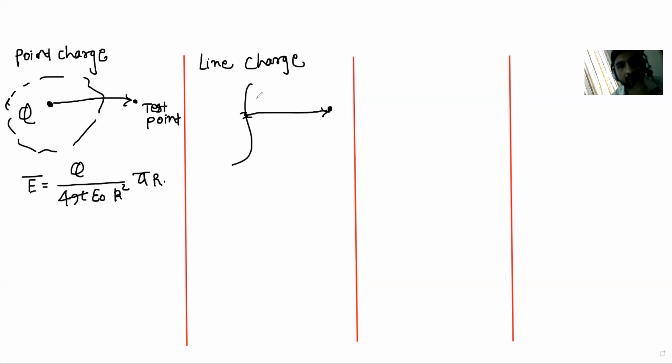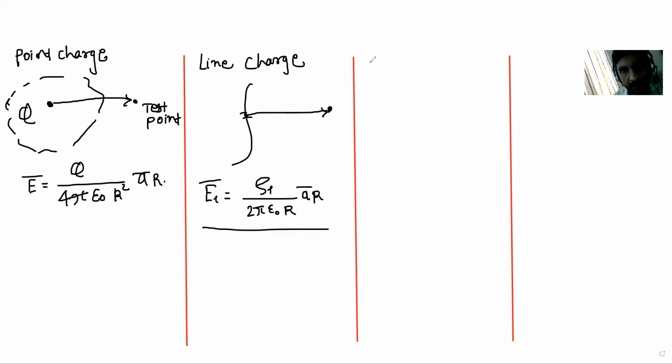But now we don't have to think about it, because we have readily defined formula, which is EL bar. EL bar is nothing but electric field intensity due to line charge, and it is equal to rho L, line charge density, divided by 2 pi epsilon naught R A bar R. This is the formula that we have derived.